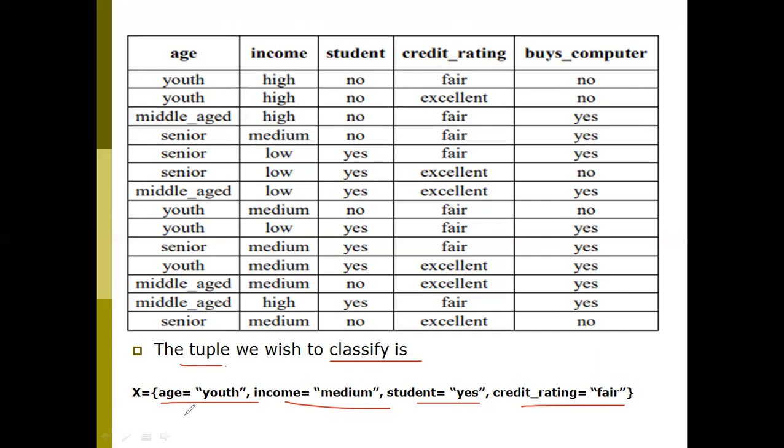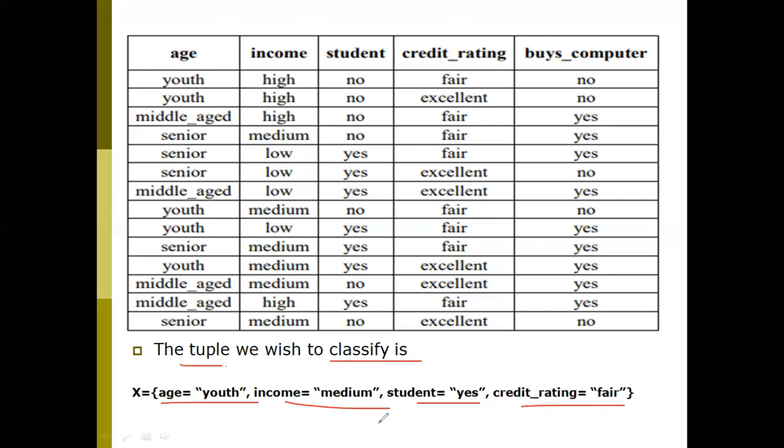Okay, now we are going to calculate the probability of buying a computer based on this data tuple. If that particular person's age is youth, income is medium, and he is a student and his credit rating is fair, what is the probability to buy a computer and what is the probability to not buy a computer?